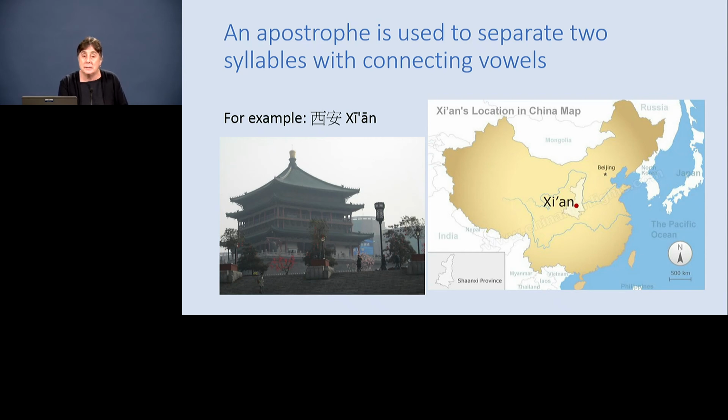And a good example of this is the ancient Chinese capital, the Tang and Han capital of China, which is now called Xi'an, and that is two syllables, Xi and An, Western Peace. You can see it's in the west of China from the map, and it is two separate syllables, the first one ending in an E sound, the second one beginning with an A sound. To show that they are two separate syllables, you will put an apostrophe in the middle, Xi'an, and that would distinguish it from a single syllable that would be pronounced sien.